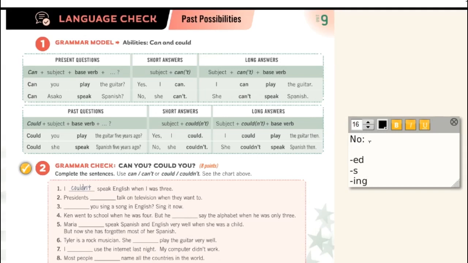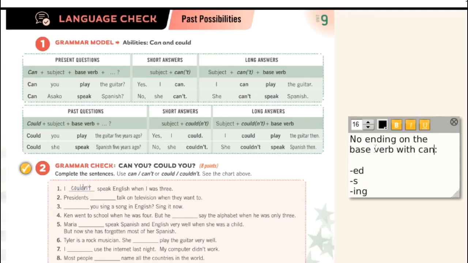Okay. No ed, no s, no ing. Okay. No ending on the base verb with can or could.